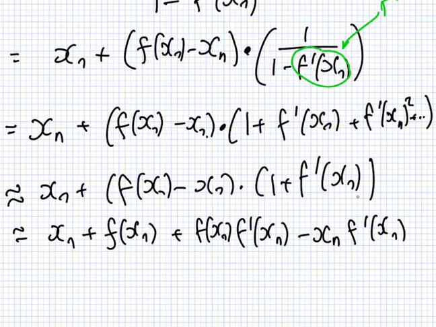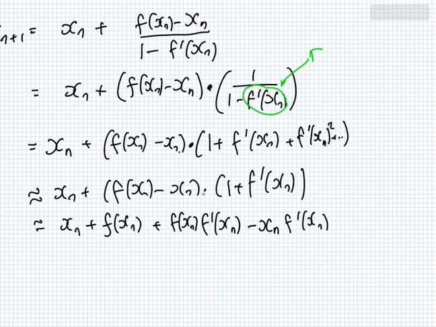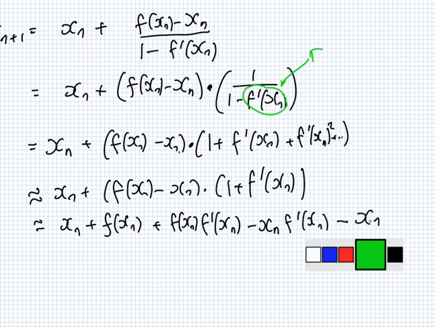Oh yeah, I only have 3 terms, I left one out. So minus xn here. That's good, because that piece there will cancel with that piece there.